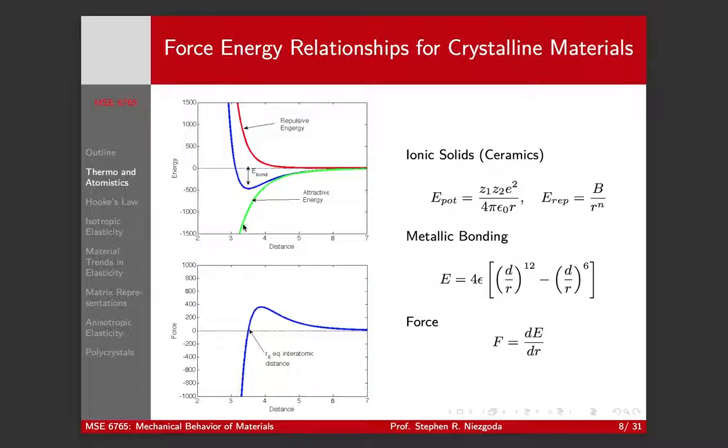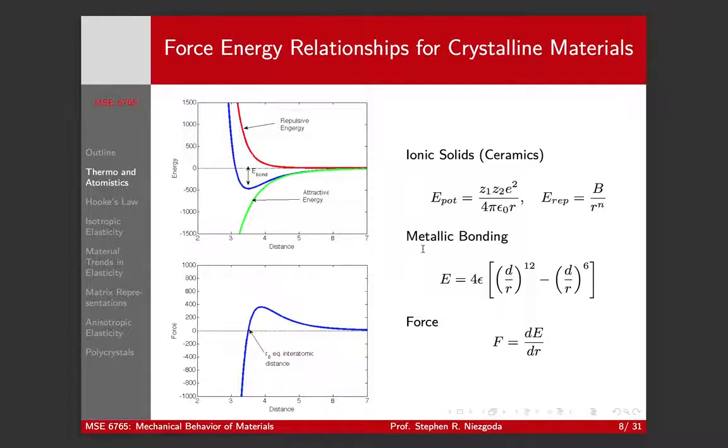And the summation of these two energies gives you an energy minima, right, at your equilibrium. This is the bond energy, right, at your equilibrium distance. All right, for ionic solids, right, we have energy relationships that look like this.